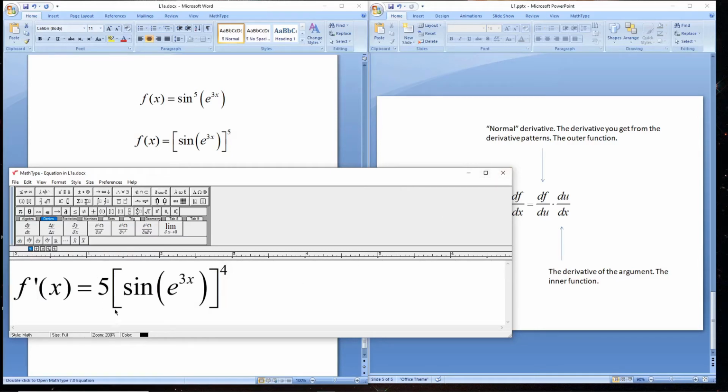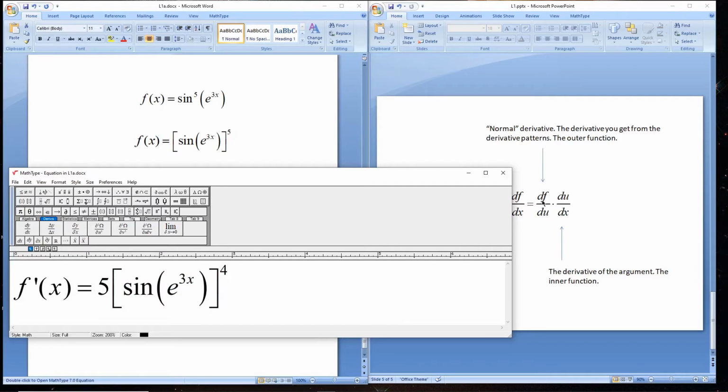So again, that's what I mean by the straight up derivative pattern. Just pretend all that nonsense isn't there for a moment, or you could just call it u. And so the 5 drops down and the 5 goes to a 4. And so there it is. That's the straight up derivative of the outer function.